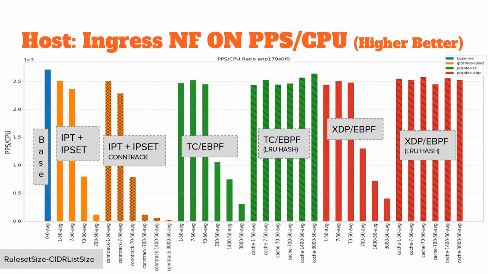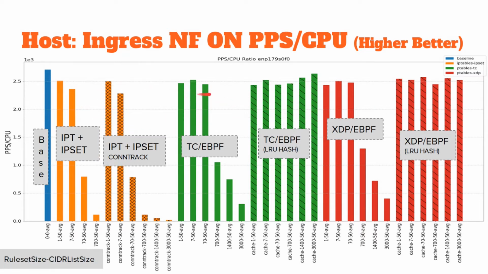Baseline, as expected, does best. There was no ACL at all. There's no iptables, no ipset, no TC BPF or XDP. So again, very similar behavior to before. We see the normalized results of CPU deterioration for all of them.